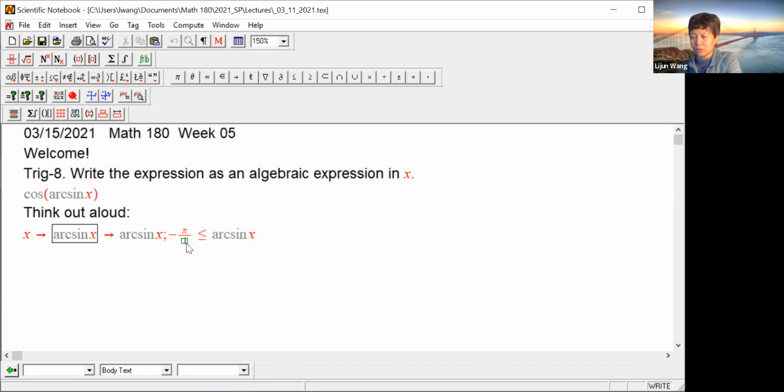Look at the pictures. It's all in the picture, and it's also in the unit circle, isn't it? We have all these different perspectives. And what's the special requirement about the input?